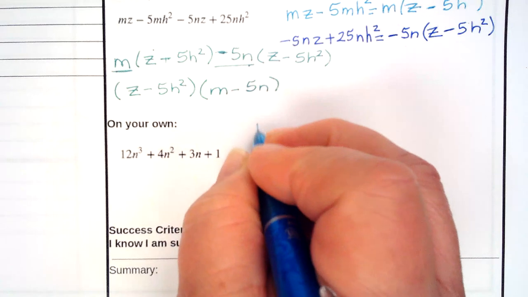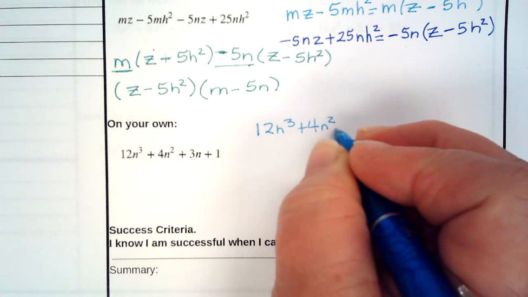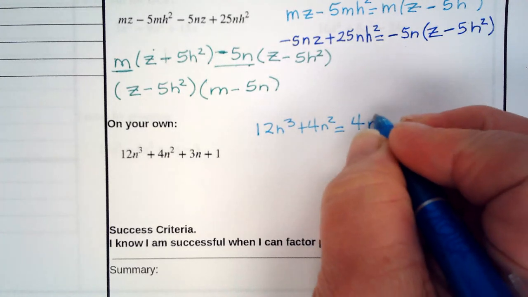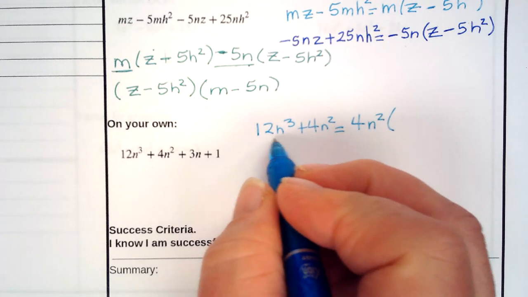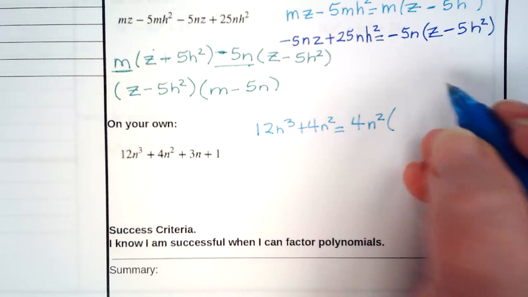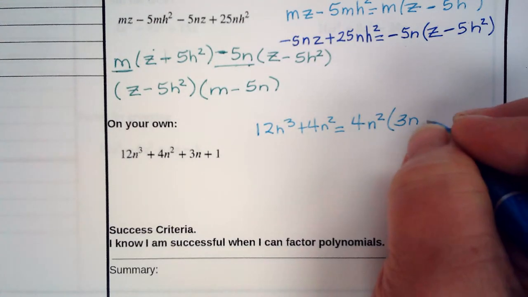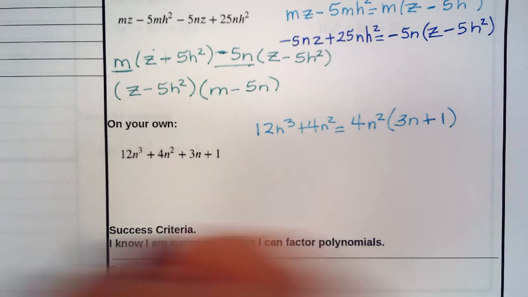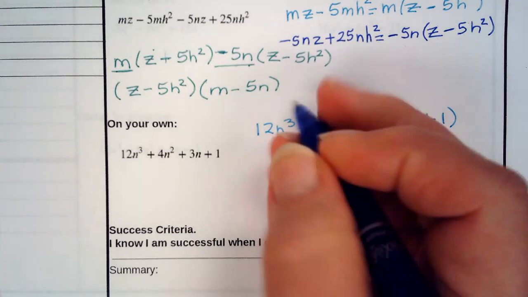Okay, for the first two, 12n to the third plus 4n squared. 12 and 4 have a factor of 4, then n squared. 12n to the third divided by 4n squared leaves me with 3n, plus 4n squared divided by 4n squared is 1. 3n plus 1.